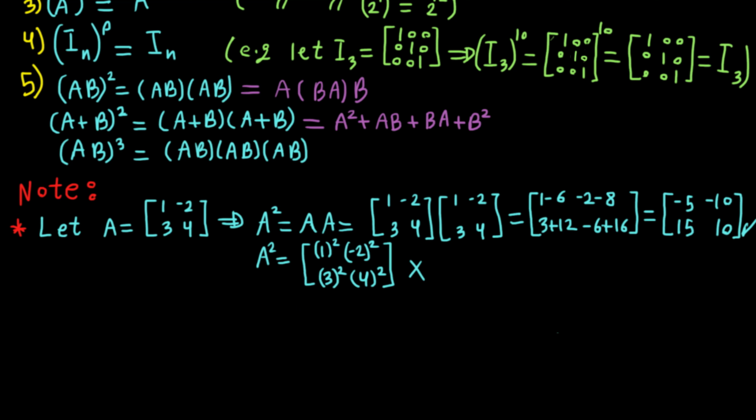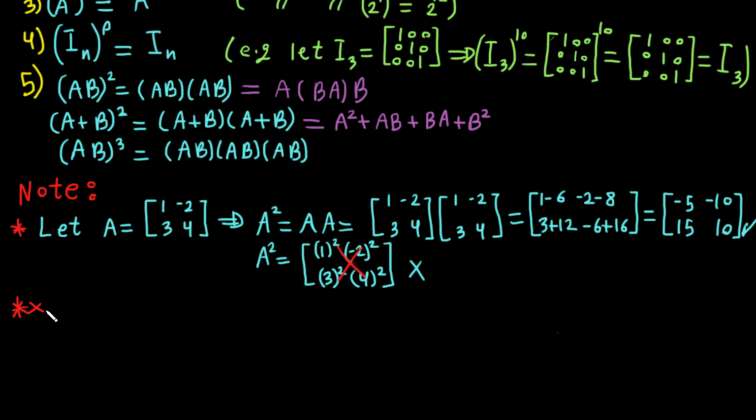You can't write it like this. But sometimes, if you make the square inside, it is equal to A squared. But in general, you have to write A multiplied by A, then find it like this. If you put the square on each entry, it's not correct, because in linear algebra it's not an entrywise multiplication of matrices.